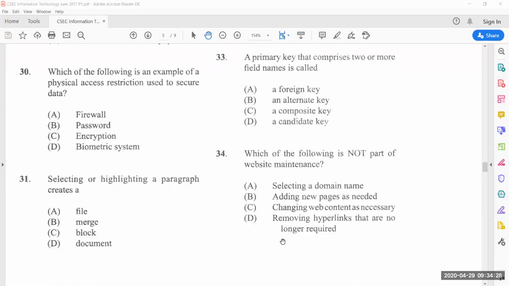Moving on to 33. A primary key that comprises two or more field names is called... What answers do you all have for 33?